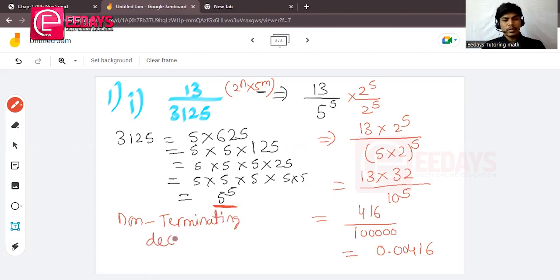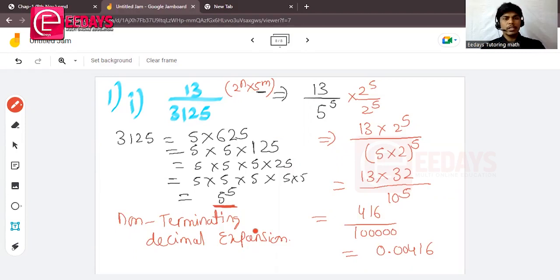Observe carefully: here we got only 5 power 5, there is no 2 power 5. So that's why it is non-terminating decimal expansion.